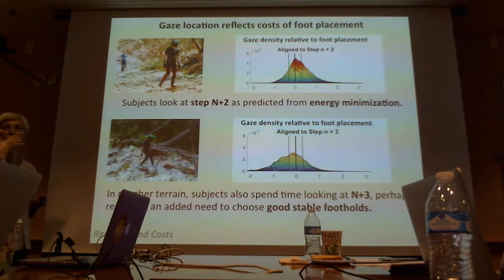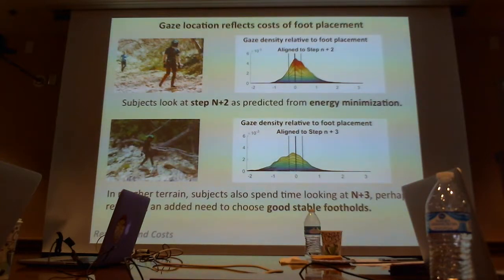So it's really planning a sequence of stable steps. Then you need to look further to do that. Yes, I think so, but we don't actually know. This is a suggestion, just a hypothesis. We're just observing and making up stories, but I think these are all important questions to take into the lab and try to examine.